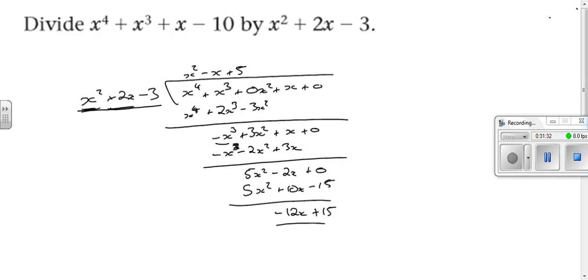Because we can't multiply x squared by anything to get to minus 12x, this is going to be our remainder. So the answer is x squared minus x plus 5 plus a remainder of minus 12x plus 15 over what we're dividing by, which is x squared plus 2x minus 3.